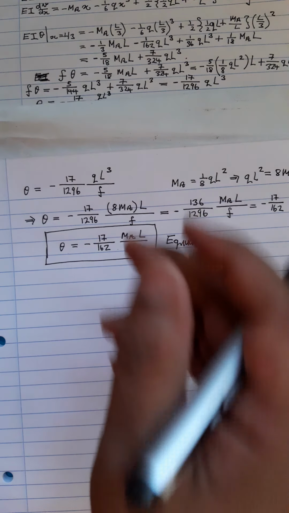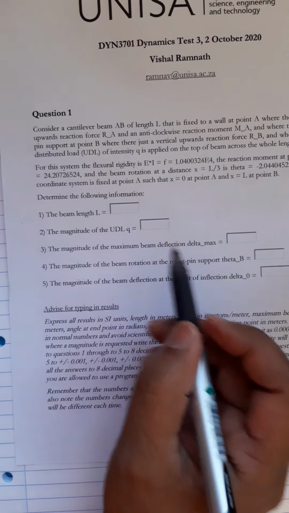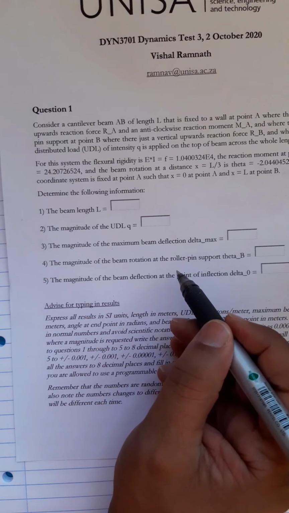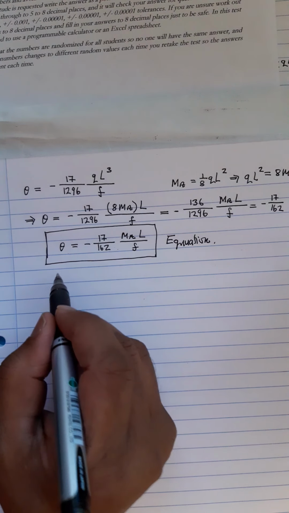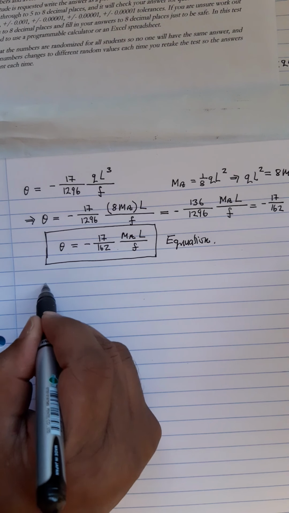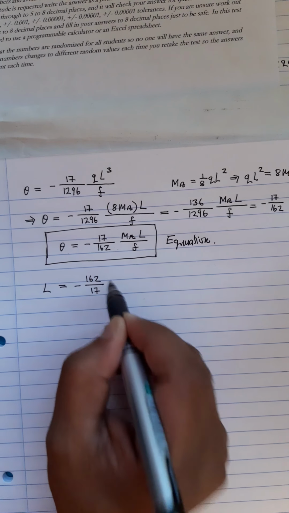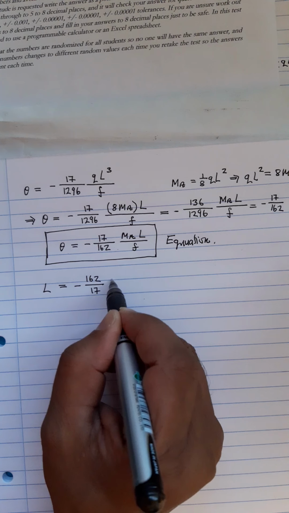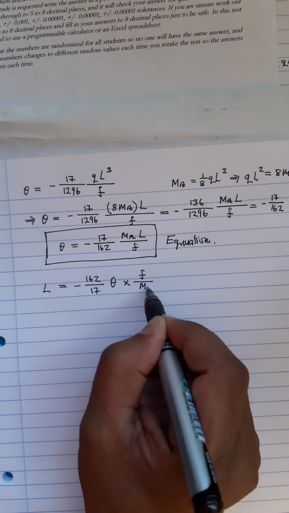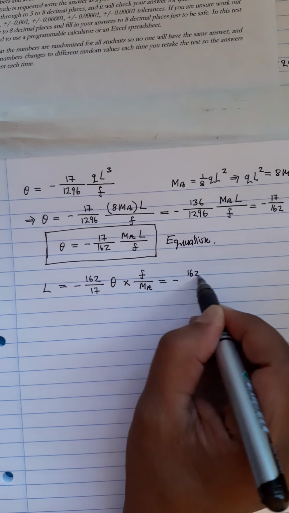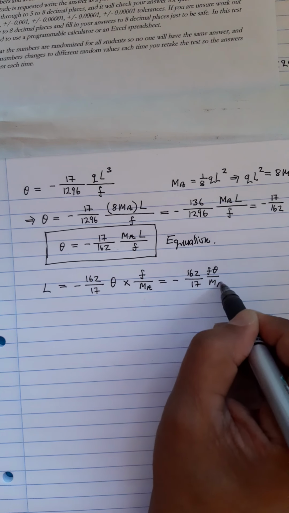Alright, so we want to work out the length, the UDL, the beam deflection, and other stuff. So let's start with the beam length. We're just going to rearrange the equation. It follows that L is equal to minus 162 over 17 theta times F over MA.